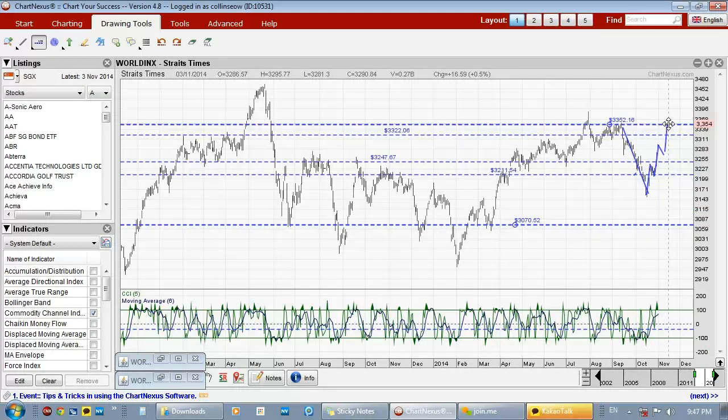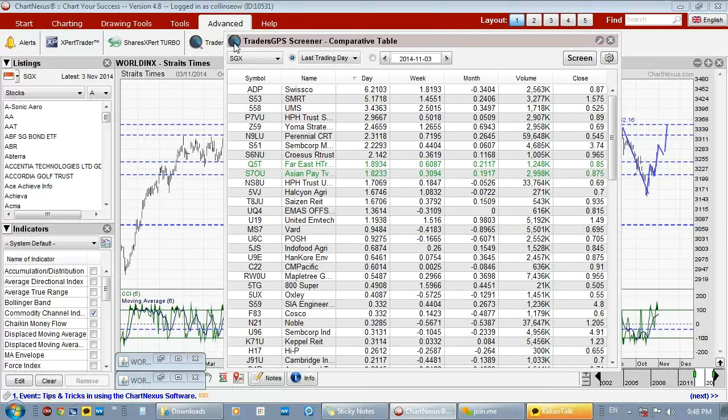Any question on STI? So in terms of strength, we will have the S&P the strongest, followed by maybe the Russell, followed by the STI.